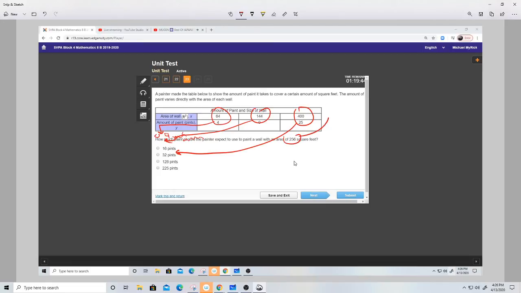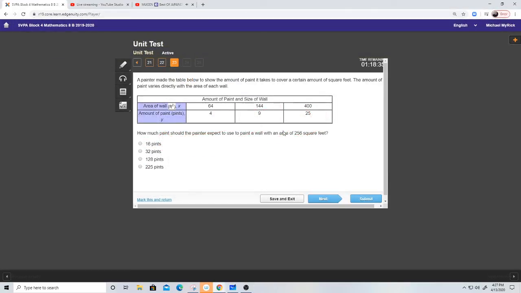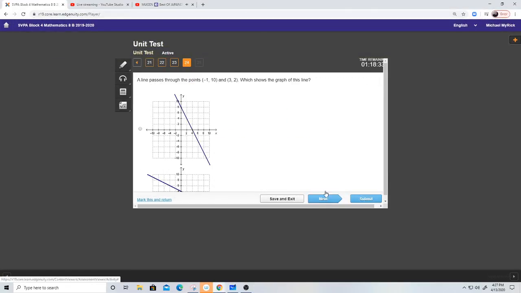See, 256 is right here. And if it's in the middle of 9, that's a 9 by the way. If this is in the middle of the 9 and the 25, guess what's in the middle of the 9 and the 25 over here? Like the samurai say, if you know one thing well, you know 10,000 things well. I'm gonna go with 16.